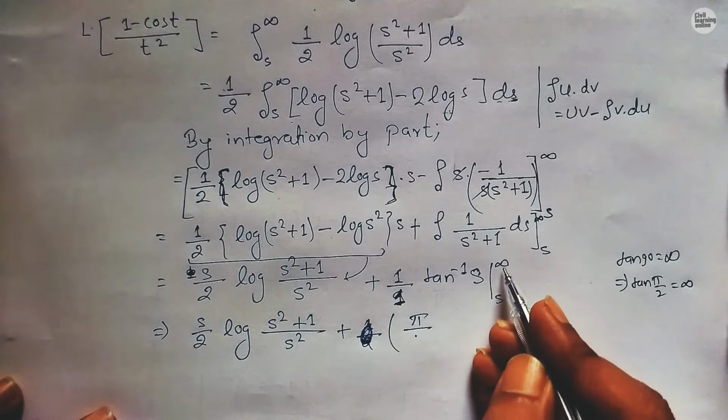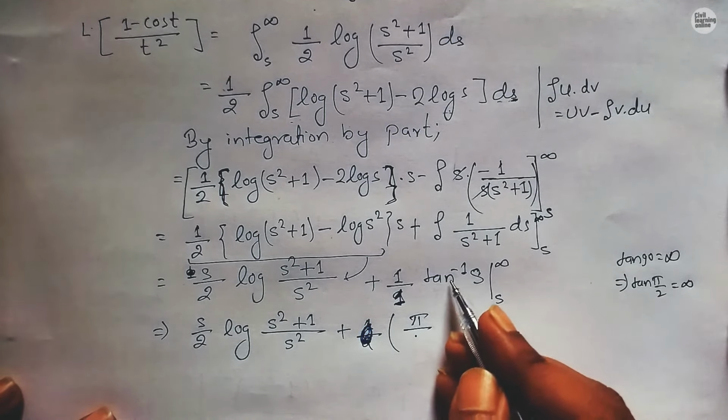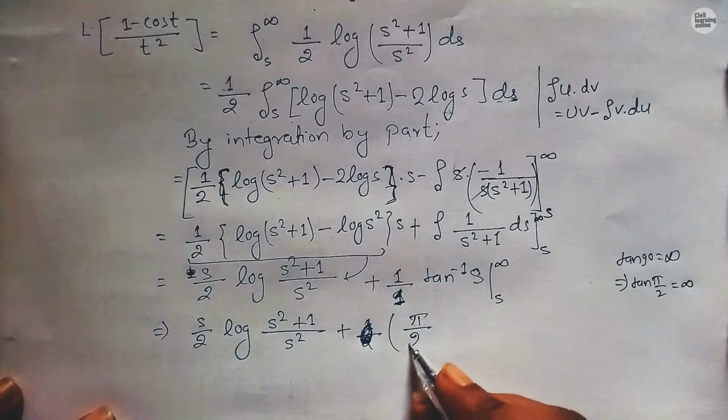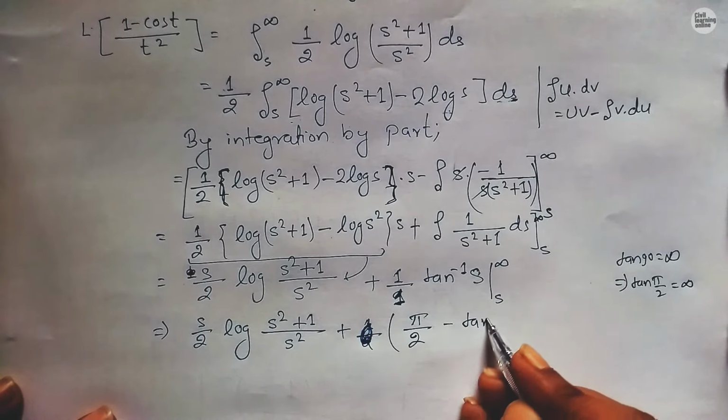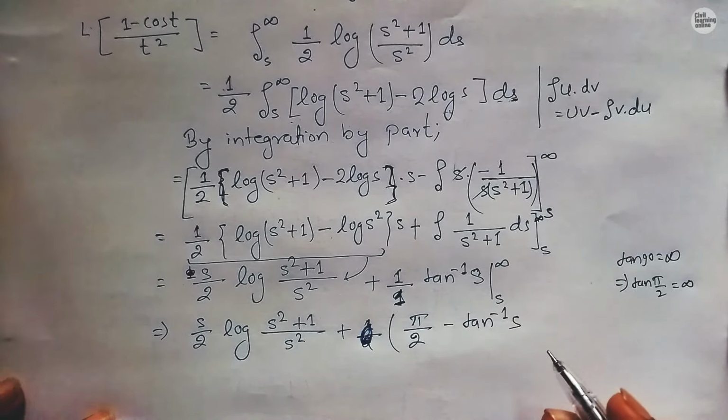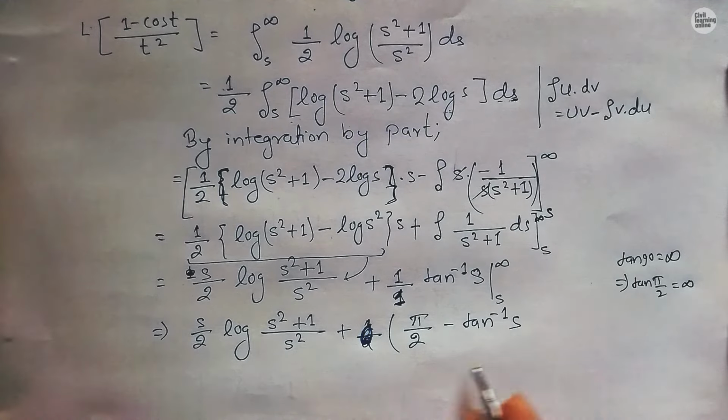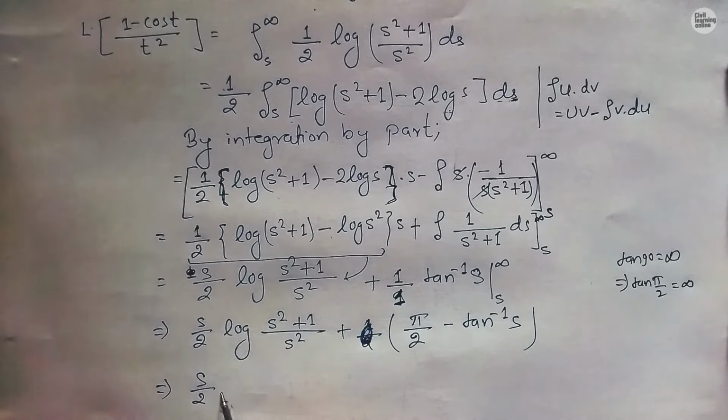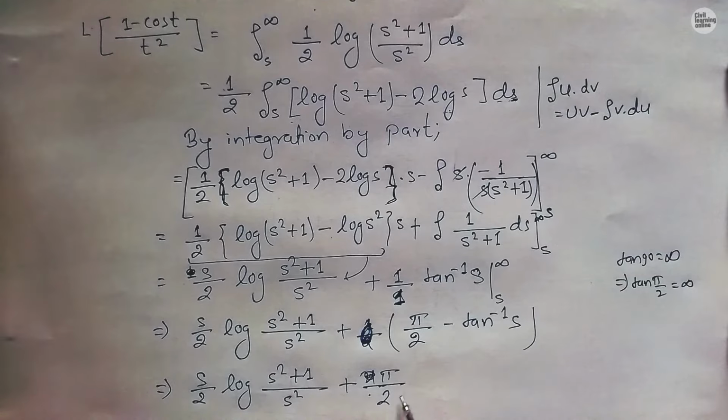So when we put this upper limit, it will be tan inverse infinity, that is pi upon 2, minus tan inverse s, and this is our final answer. So if I rewrite the answer, then we will have here s upon 2 log (s square plus 1 upon s square) plus pi by 2 minus tan inverse s. This is the final answer.